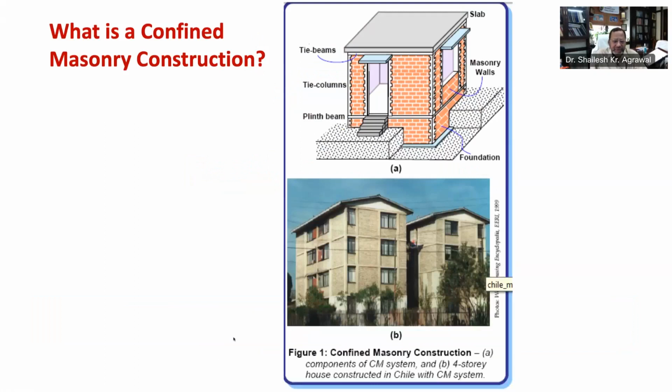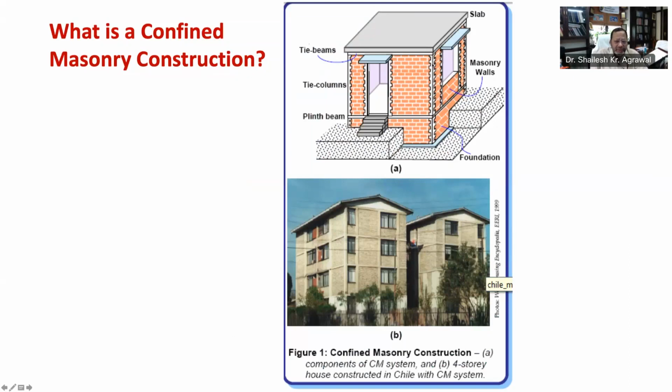Let's first understand the basics of confined masonry through this figure number 1. Confined masonry typically consists of, as you can see in this figure 1A, traditional strip foundation in masonry, as you often find in conventional masonry construction. Then you have RCC plinth beam. Then you have masonry walls, that is brick or concrete walls built on top of plinth beam.